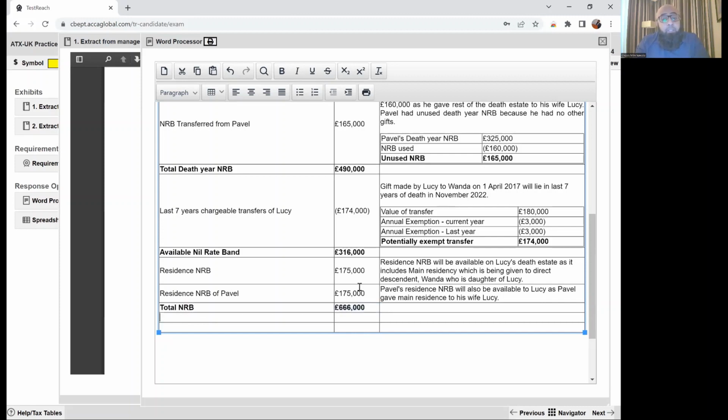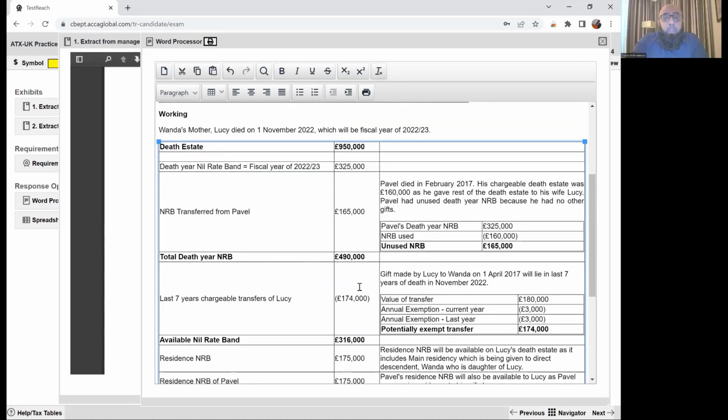Just have patience. I will repeat each and everything again. You just need to listen to me carefully. Now, what will be the inheritance tax? On 666,000, it will be 0%. And the total death estate is 950,000.